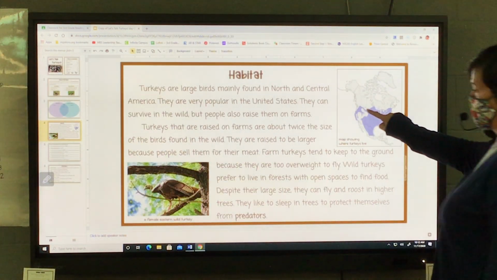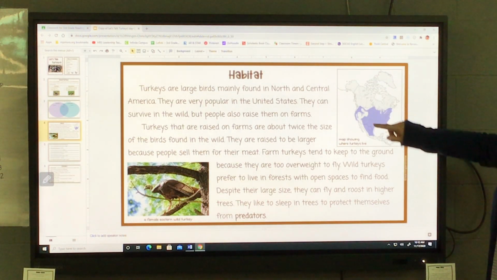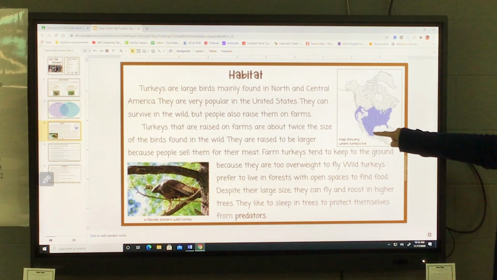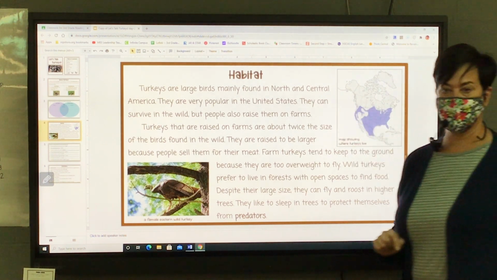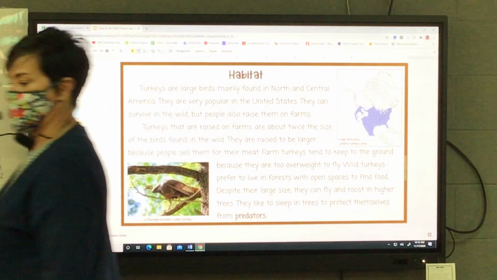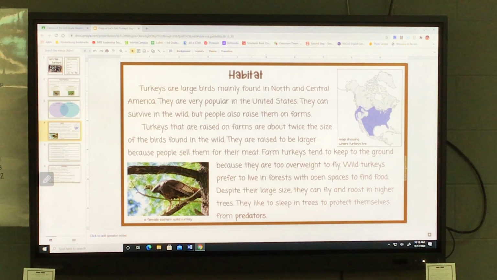This is North America, where the United States is. This is Central America, down here through Mexico. So North and Central America is where turkeys are mainly found.